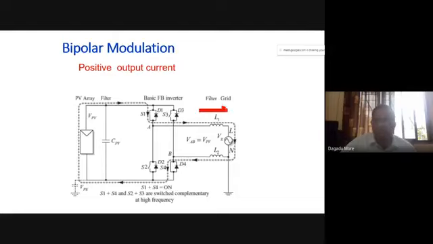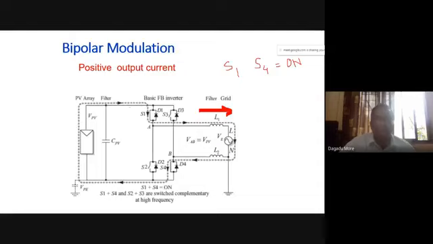Positive current will be provided by two switches, S1 and S4, so these two switches are on.